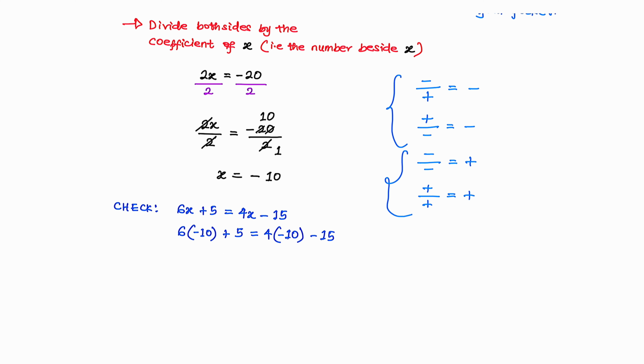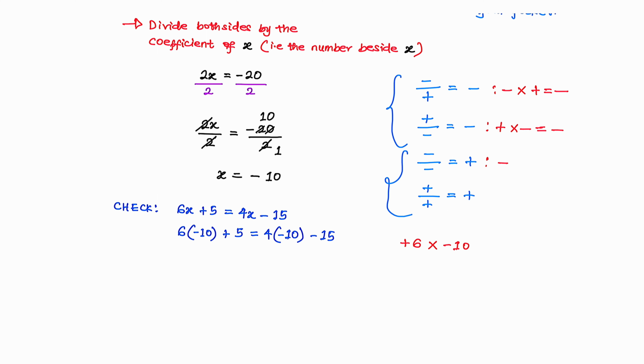This 6 brackets minus 10 means 6 times minus 10. So we can see that there is no sign in front of this 6. Because there is no sign, automatically we assume it is positive. Just like minus divided by plus, we also have negative times positive will give us negative. Positive times negative will also give us negative.